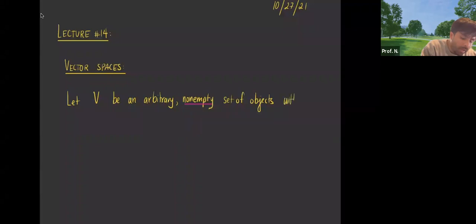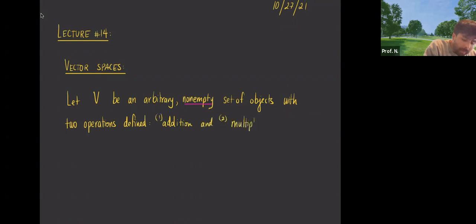with 2 operations defined. And normally we have 2 operations. The first operation is an addition operation, and the second is a multiplication operation.